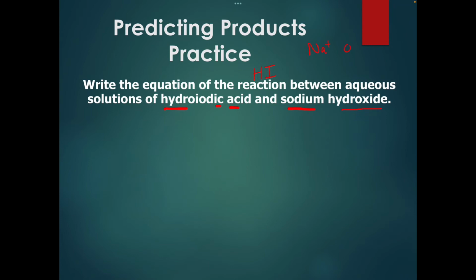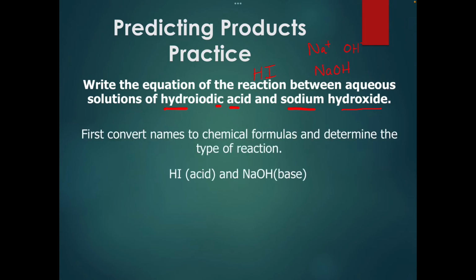Sodium is Na+ and hydroxide is OH-. Those charges are equal and opposite, so we just get NaOH. So we're having hydroiodic acid and sodium hydroxide. The H in the front tells us that that's an acid, or, the name said acid. And the OH in the back, that's telling us that this is a base.